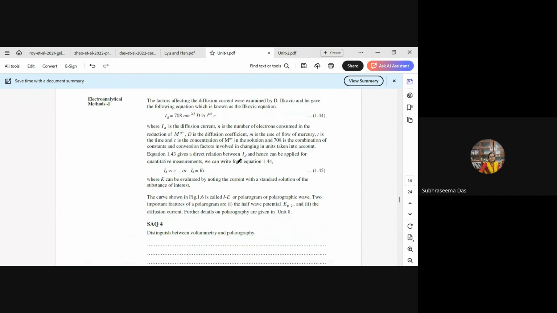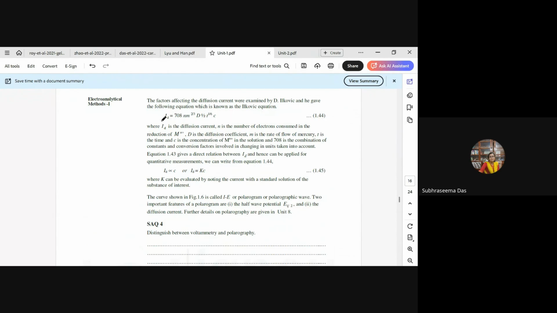The factors that affect the diffusion current were examined by D. Ilkovic, and it is given by the Ilkovic equation: Id, the limiting current, equals 708 n D to the power half, m to the power 2 by 3, t to the power 1 by 6, into C. What are these parameters?